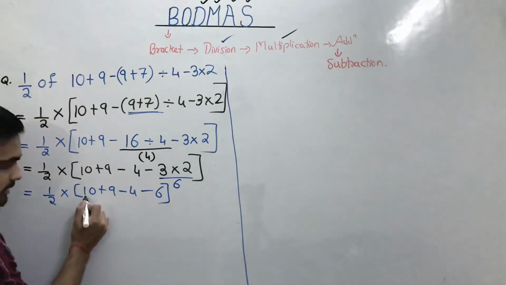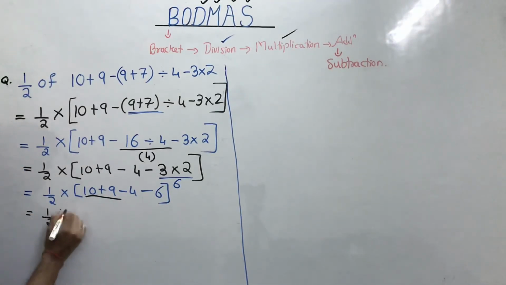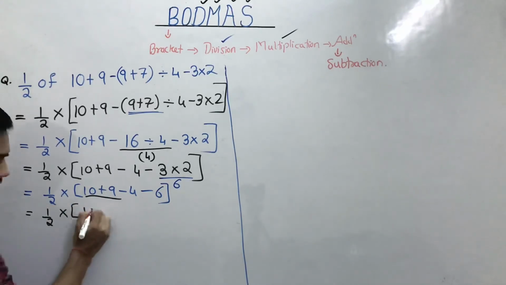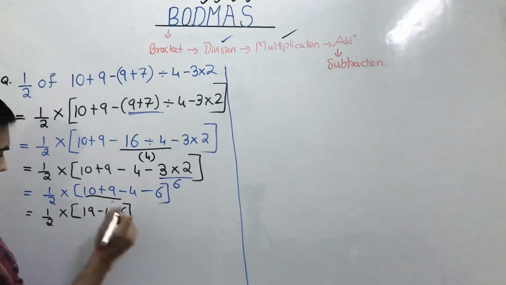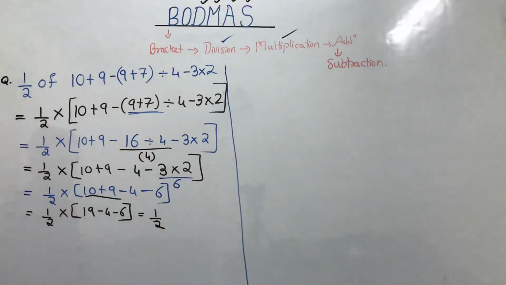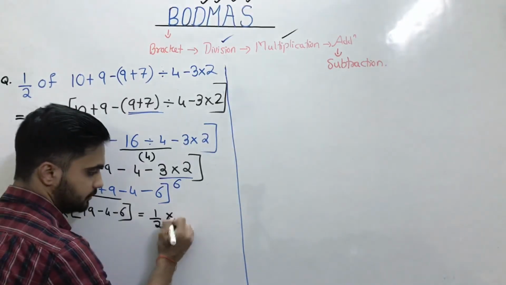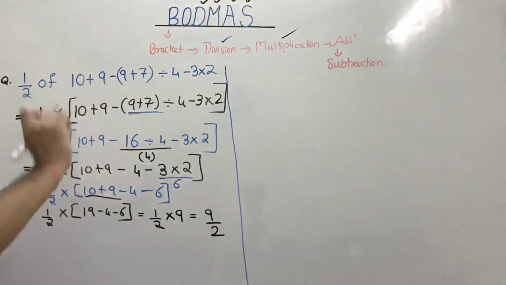So this 10 plus 9, so this is 1 by 2 into, inside the bracket we have 19 minus 4 minus 6. So 19 minus 4 is 15, and 15 minus 6 is nothing but 9. So our answer is 9 by 2.